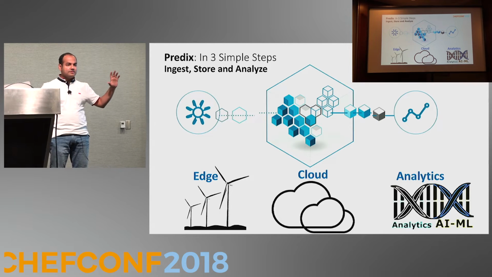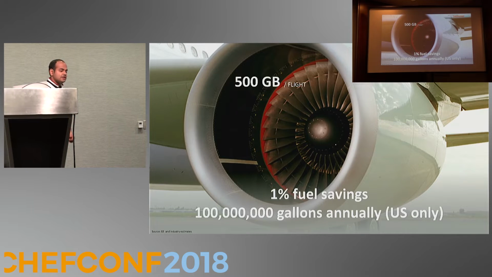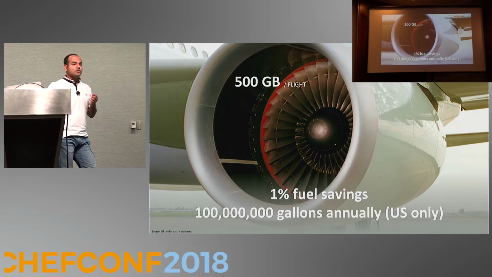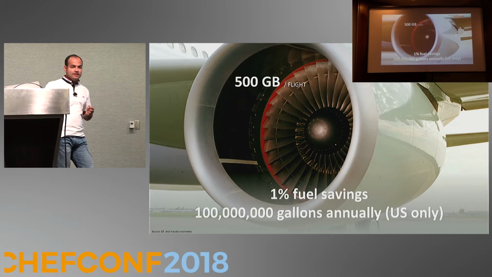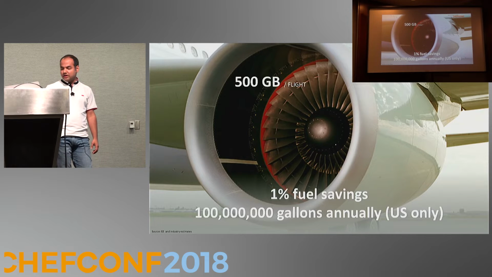So this is simply what the Predix cloud is all about. Why is it important today? I'll give you this 1% idea which I really liked. If we can understand how the machine is operating in the field well, and if we can improve the machine by 1%, then the savings are a lot, right? In this case, if we can improve the fuel saving by 1%, hundreds of millions of dollars will be saved a year.